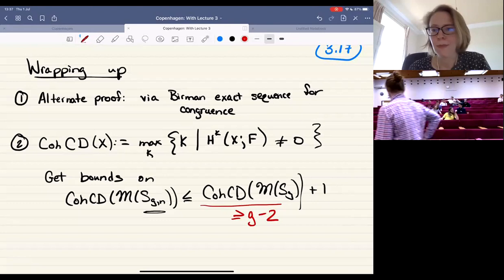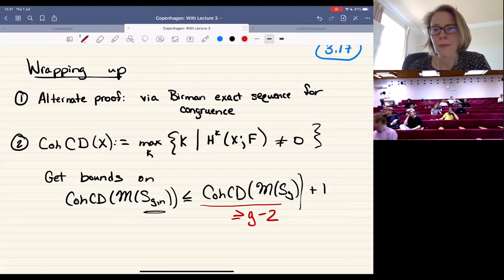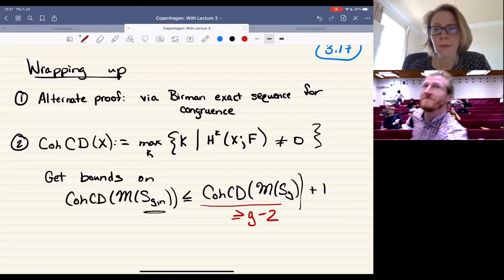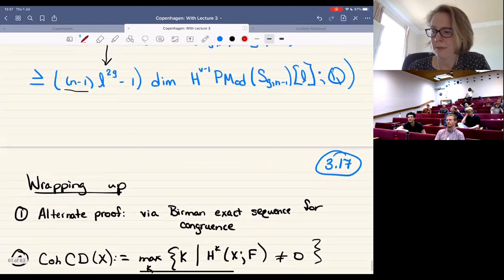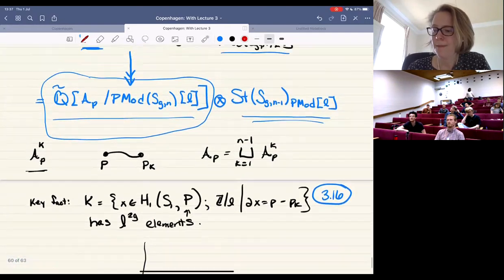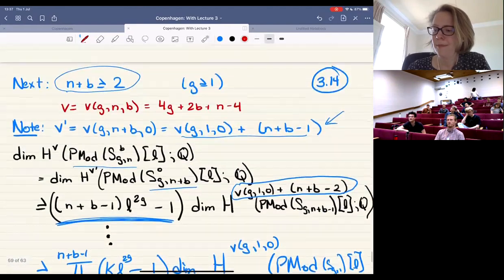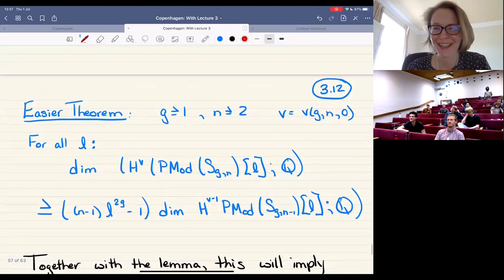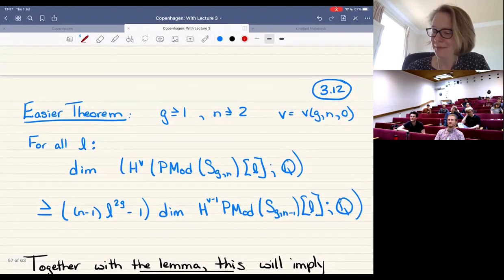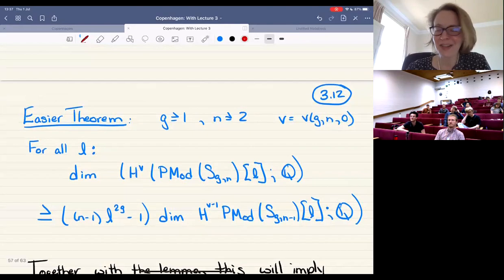Other questions? Yeah, Andrea. So in the theorem that you wrote at the beginning, there was also a choice of a prime p dividing l. And then it disappeared. So why is it not here in the easier theorem?